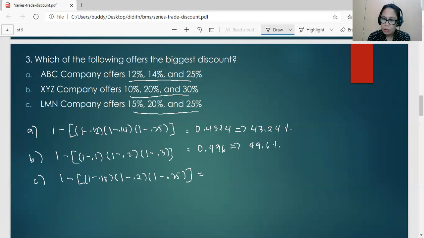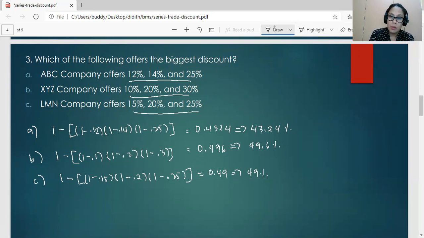And for this one, we have 0.49 here. So this is 49%.